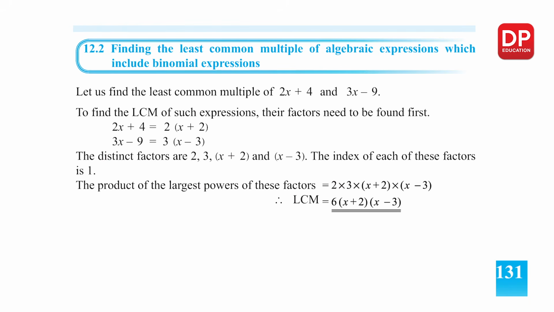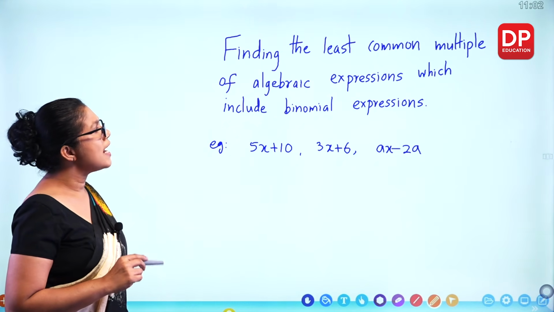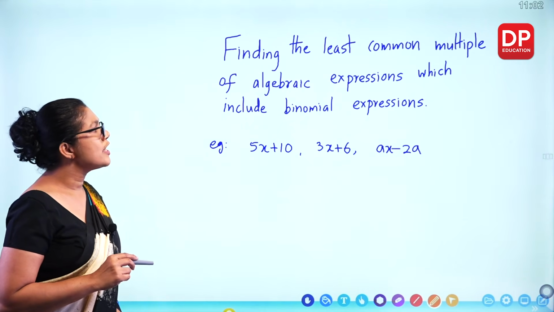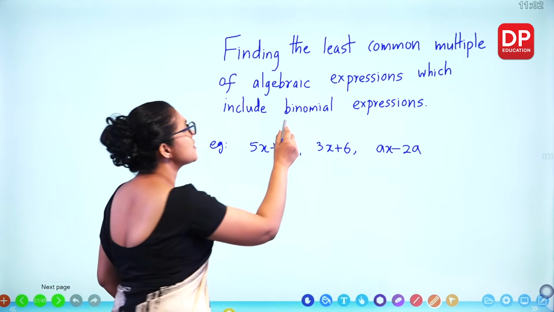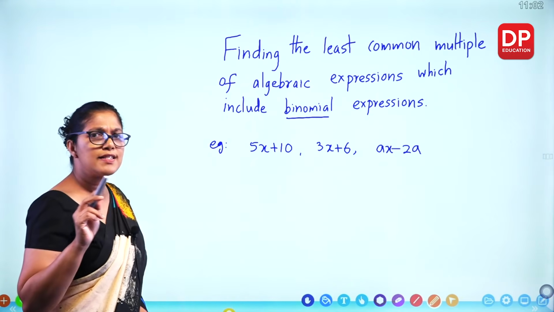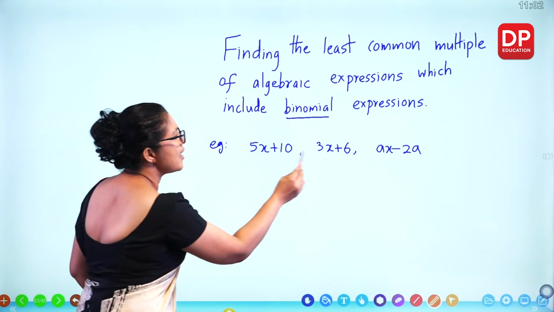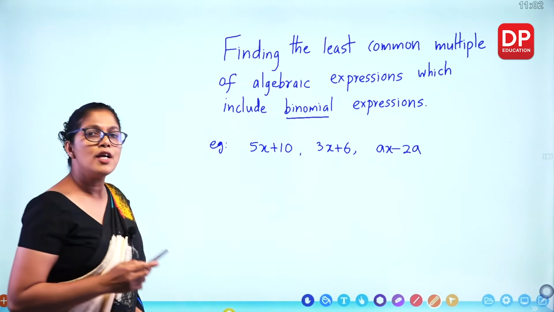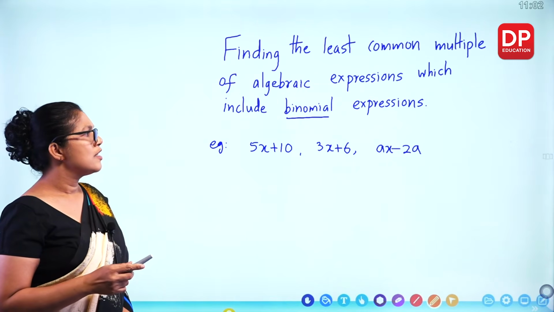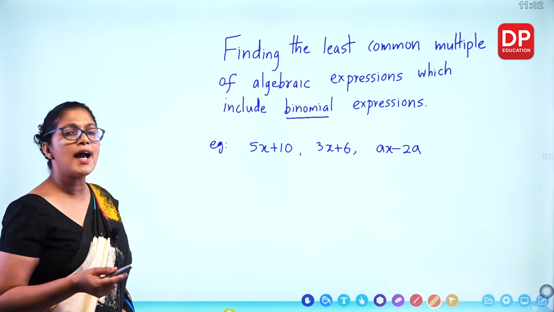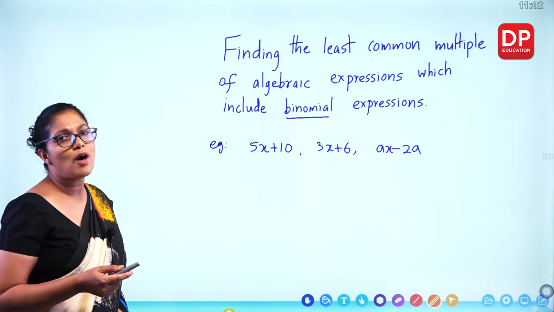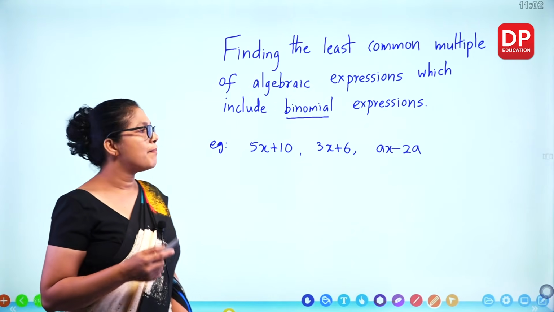Now we'll see how we can find out the least common multiple of algebraic expressions which include binomial expressions. What are binomial expressions? Bi means two terms. So here, can you see this example? You get two terms. So what we have to do here is try to factorize those expressions and find out the least common multiple.